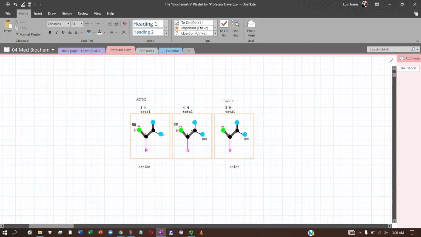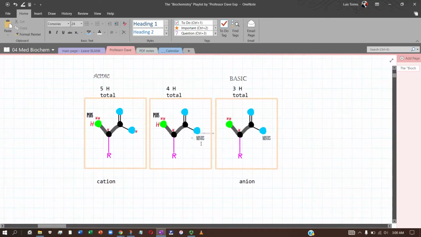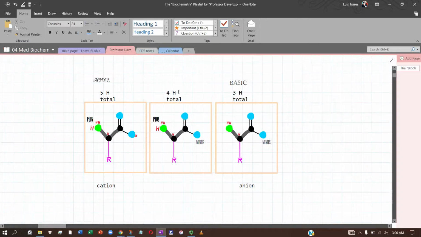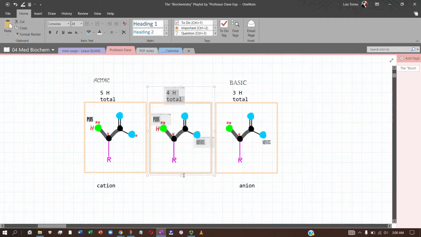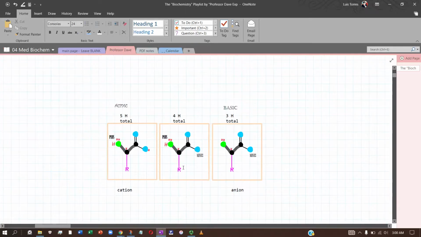Another important topic that Professor Dave covered in the playlist is that any given amino acid has both a plus charge and a minus charge whenever the pH is neutral. The center means neutral pH.